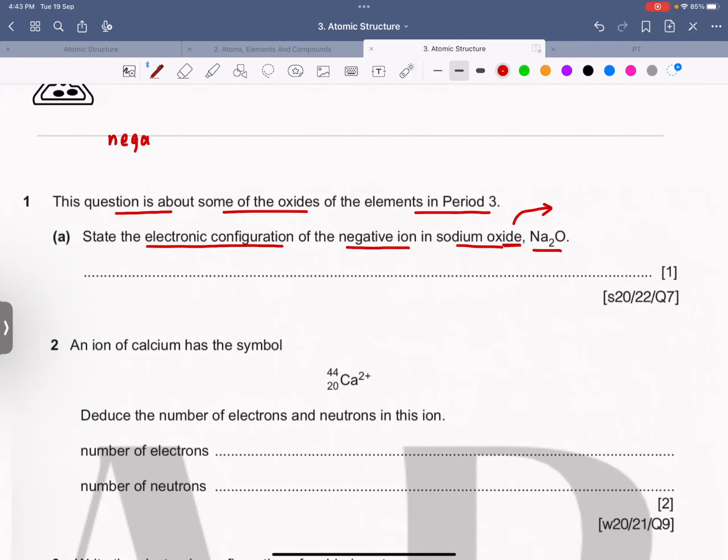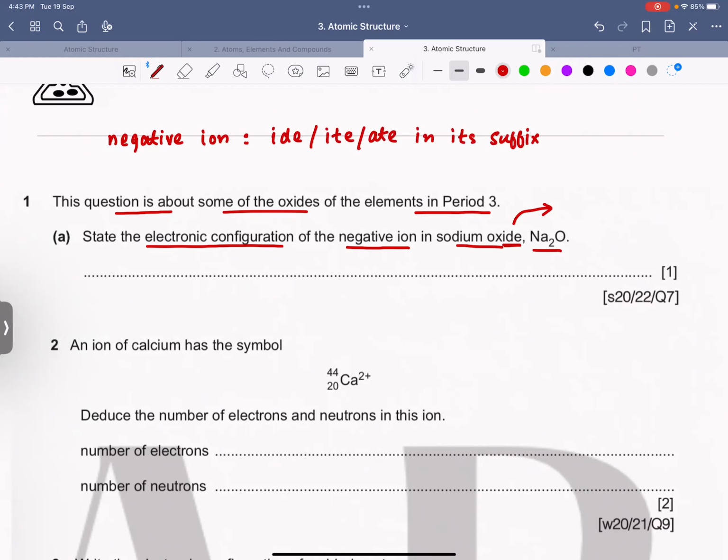The name of the negative ion has either ide or ite or ate in its suffix.